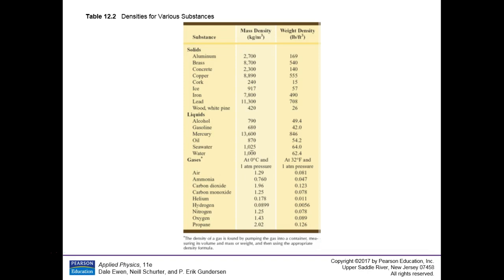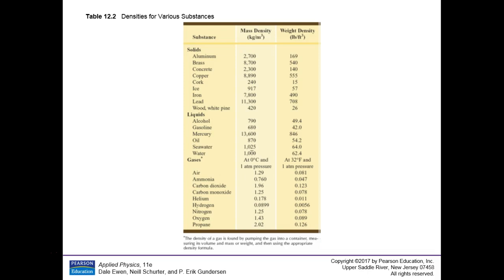Copper and brass are close together because copper is in brass. Brass is an alloy of copper and zinc, and without a periodic table I can't show it to you. I think zinc is 10, fairly close to copper as well, so it's right down there in the same ballpark. Iron is not as dense as those two, but it's much denser than aluminum.